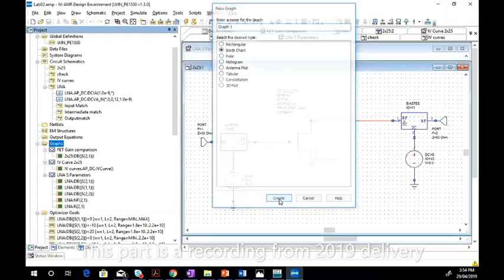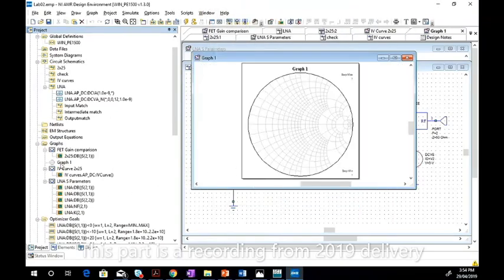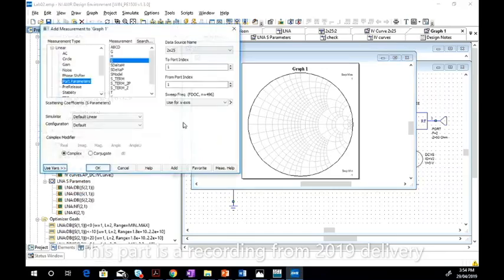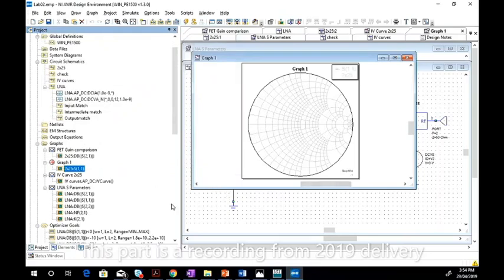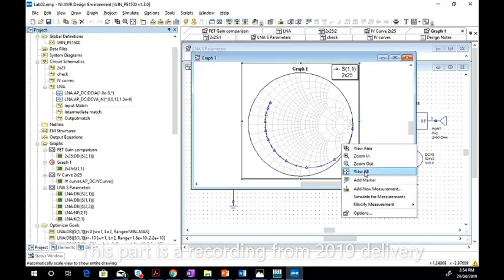So I'll say graph 1, and then in that I will add measurements, 2x25. S11 would be my input. Say okay, and then I will simulate that. Now that goes for a wider band, so let's add a marker.